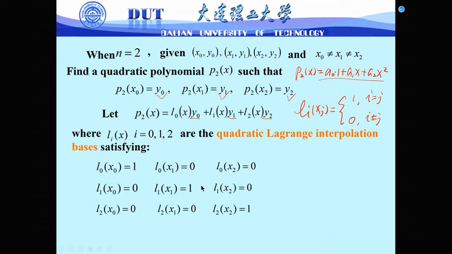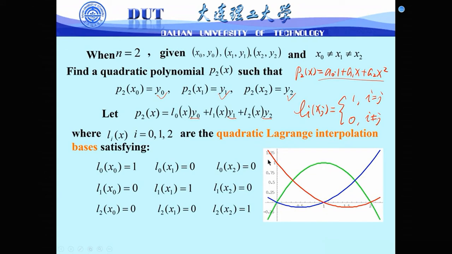Of course, I show you the figures of the 3 functions. For example, L0, at x0, its function value is 1, and at x1 and x2, they are 0. So you see, the curve is the parabola of L0(x).